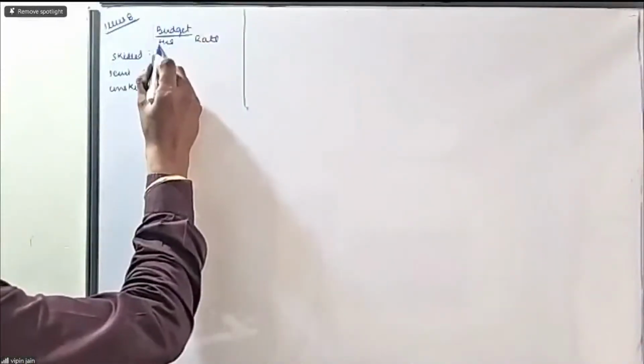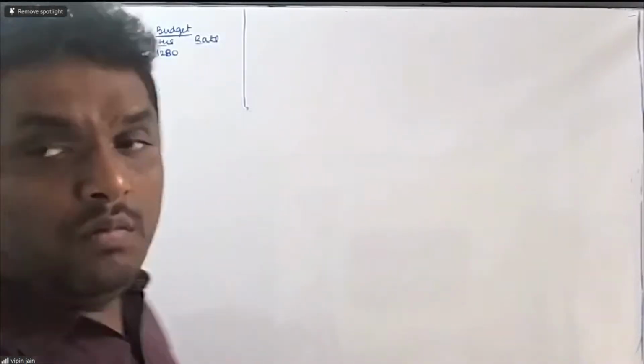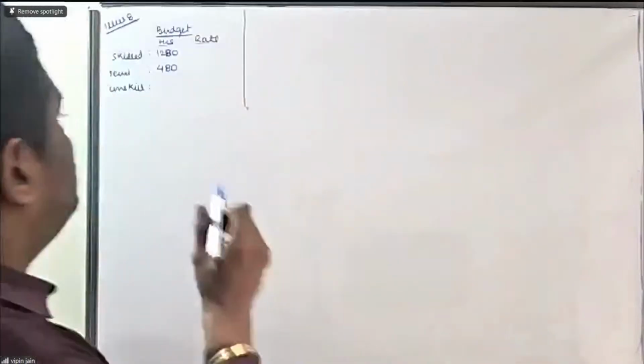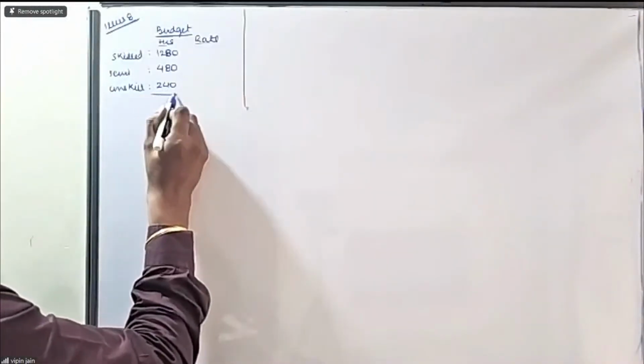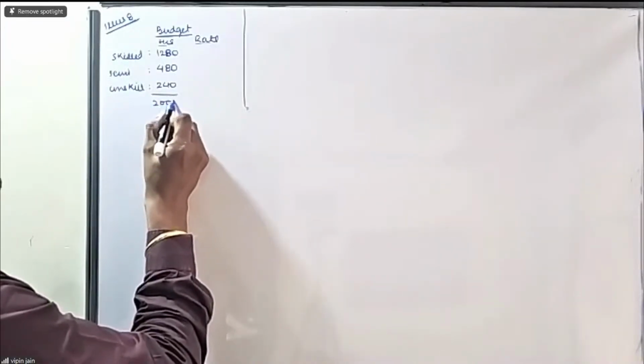So standard number is 32 and the week is of 40 hours. Twelve workers into 40, that will be 480. And 6 workers into 40, this will be 240. So total 2000. When talking about the rate, it is given 3, 2, and 1.